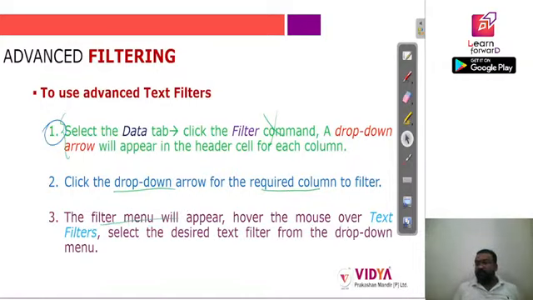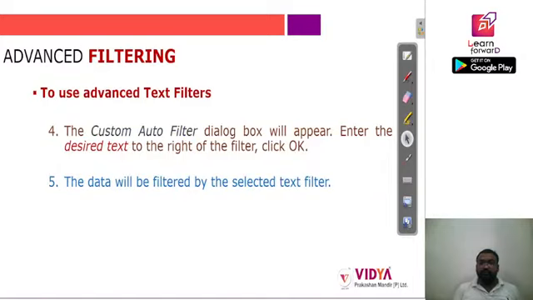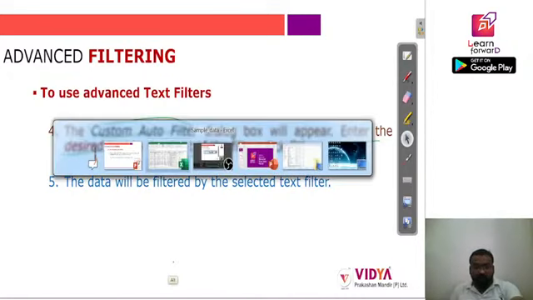Then we will go to the Text Filters command in that menu. We will select the desired text filter from the drop down menu. There are multiple filters provided to us, and then in the Custom AutoFilter dialog box that appears after making a selection, we will enter the desired text to the right of the filter, then we will press the OK button. Let's see how it will work.